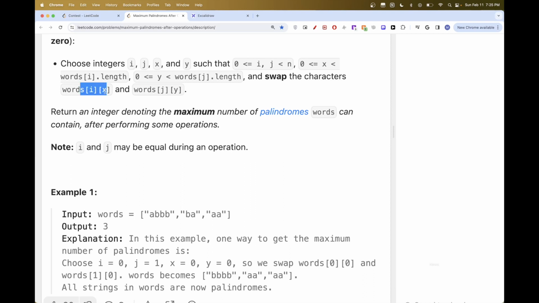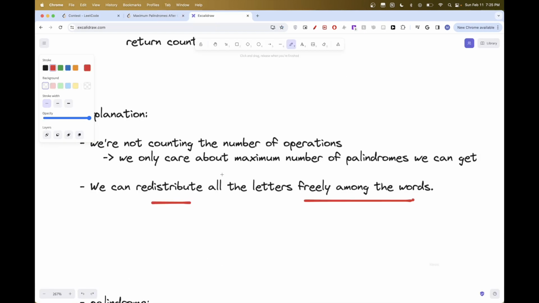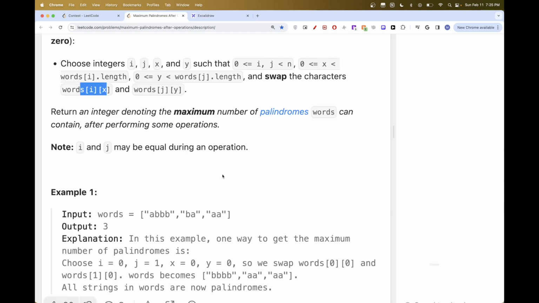And you can do as many operations as you want, there is no restriction. So you can actually just group the letters together and redistribute. The only constraints you have are that as many words as you can need to be palindromes, but also the length of each word needs to be maintained, because otherwise it's no longer the same one.